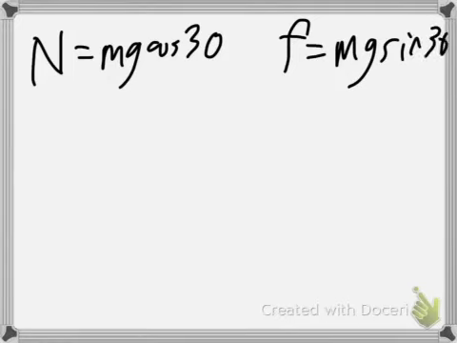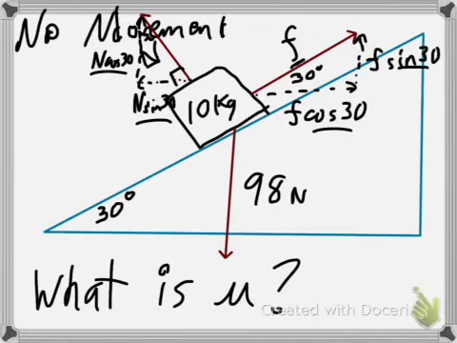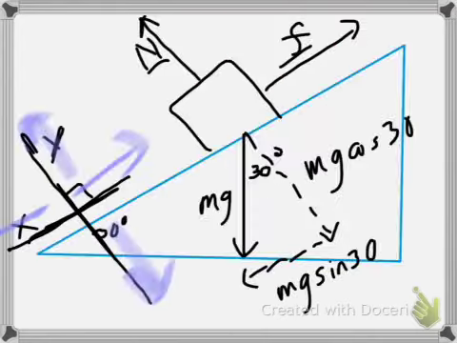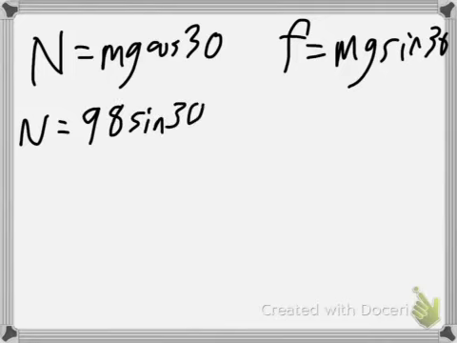Now, I asked you earlier, what was the coefficient of friction? So to understand the coefficient of friction, I need to know my normal force. And in our original picture, I gave you the normal force, or the force of gravity was 98. So to solve for my normal force, I can just say, hey, N equals 98 sine 30, and we can multiply that in the calculator, and normal force becomes 49 newtons.